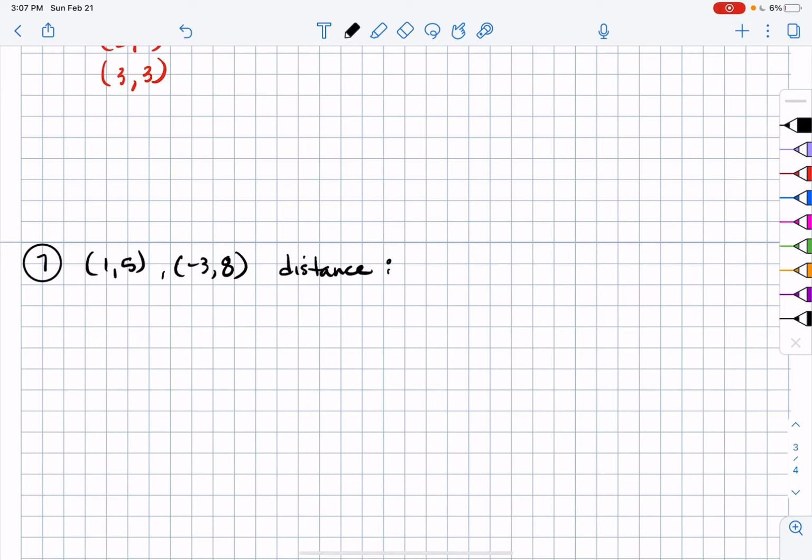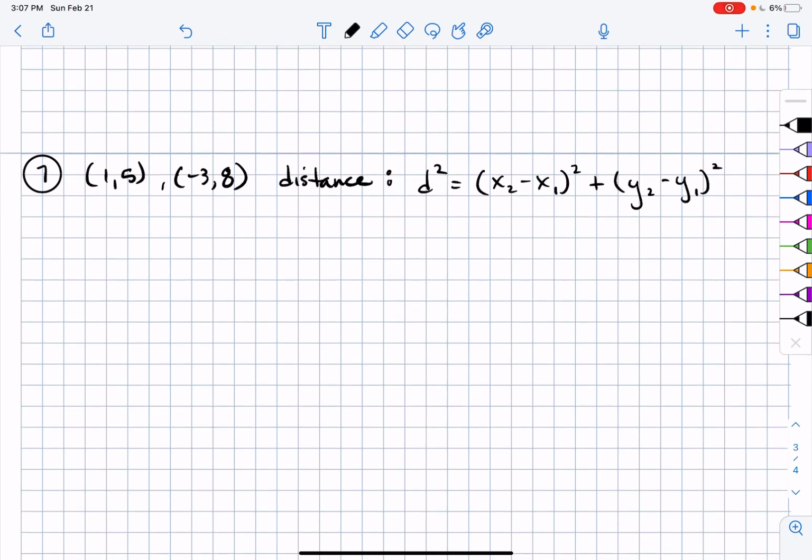Well, distance, d squared is equal to the change in x squared plus the change in y squared. Okay, so d squared is equal to 1 minus a negative 3 squared plus 5 minus an 8 squared.